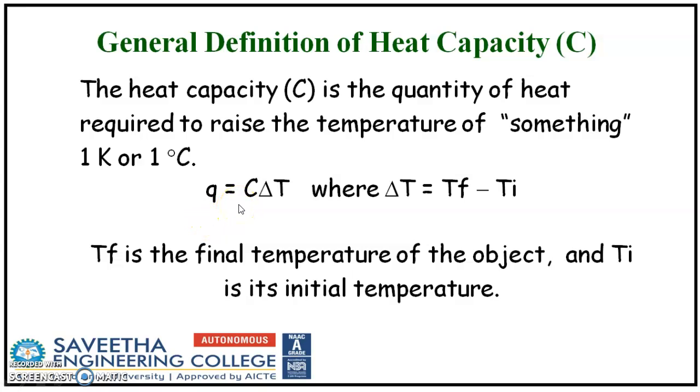So Q is equal to C into delta T, where delta T is equal to the temperature of the final state minus the temperature of the initial state. Tf is the final temperature of the object and Ti is the initial temperature of the object, where C is the heat capacity.